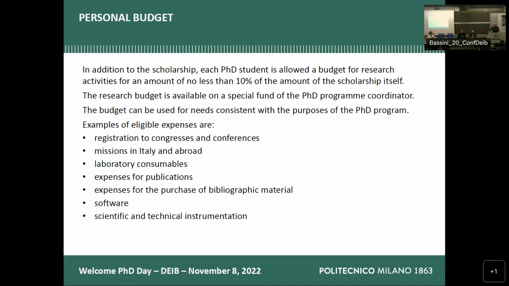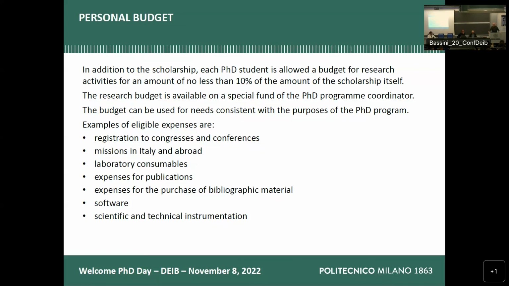In addition to your scholarship, you are allowed a budget for research activities for an amount which is typically no less than 10% of the amount of the scholarship itself. And I think from the 38th cycle, this personal budget is in the order of 5,000 euros, which is a large amount actually.